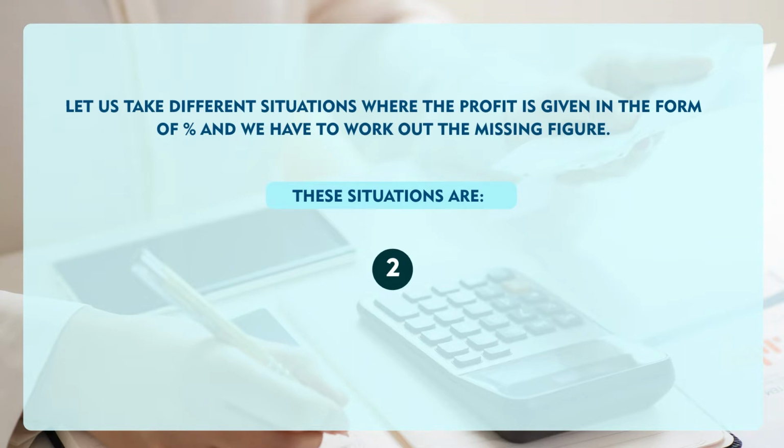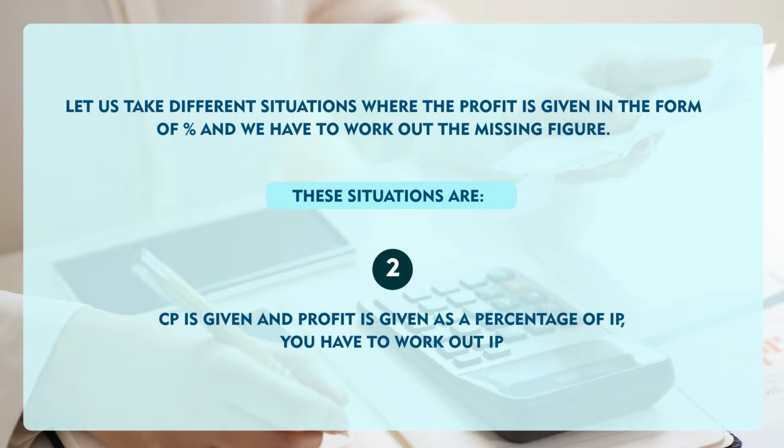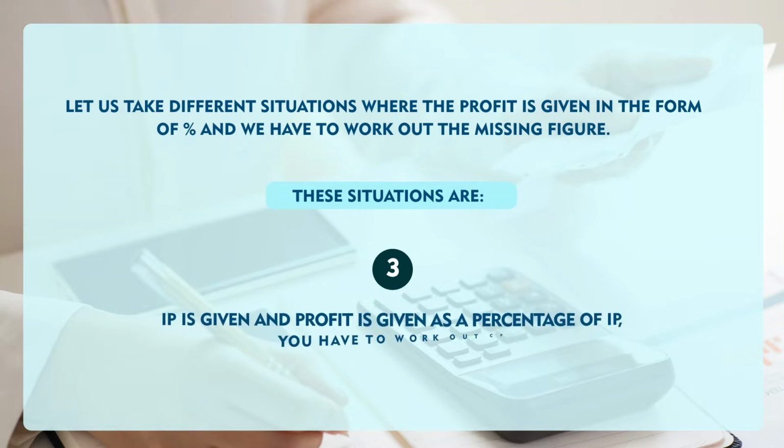The second situation: cost price is given and profit is given as a percentage of invoice price. You have to work out IP, the invoice price. The third: invoice price is given and profit is given as a percentage of invoice price.